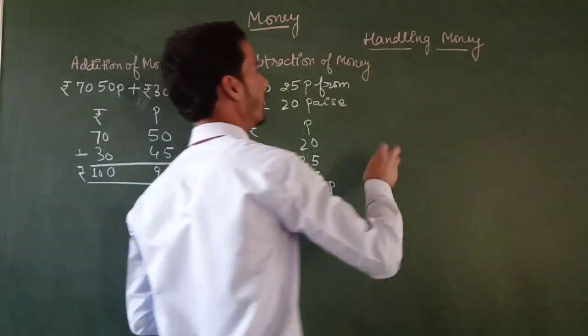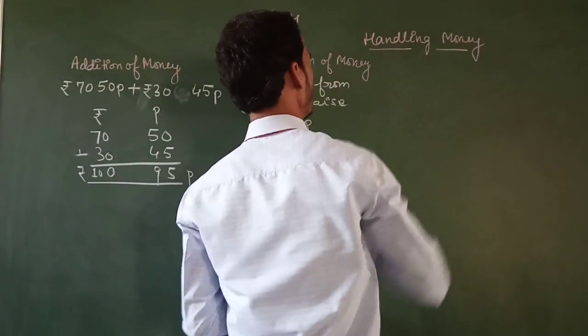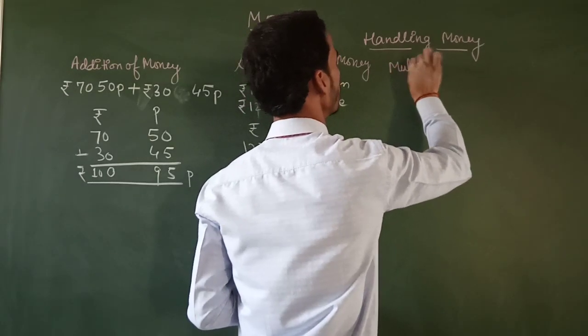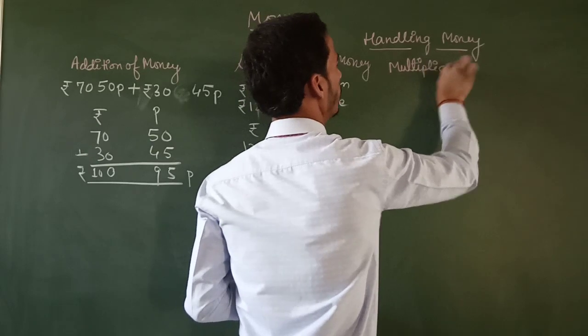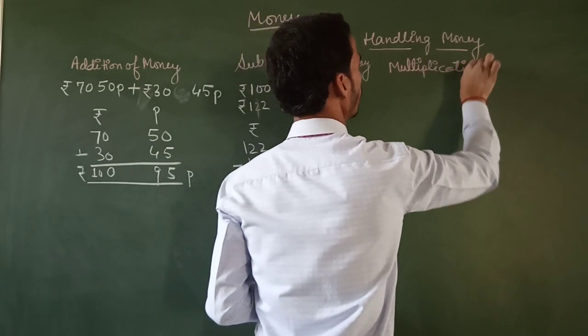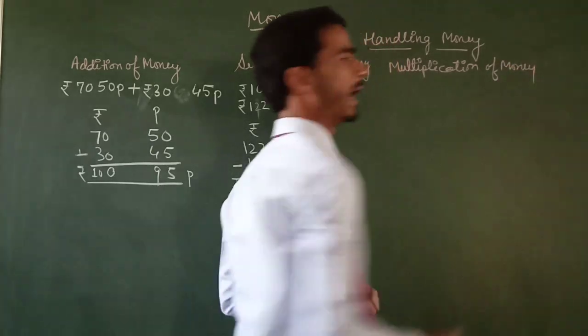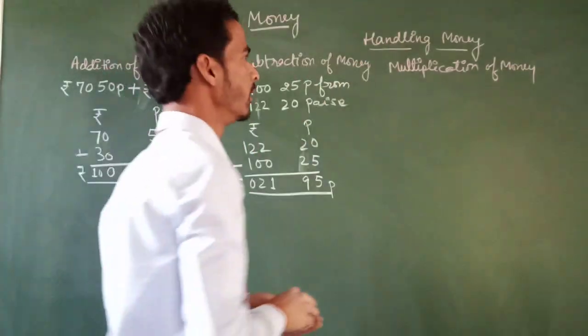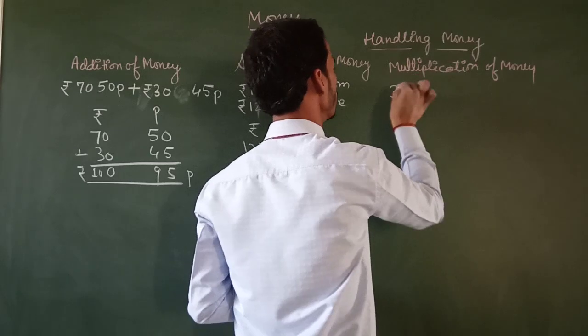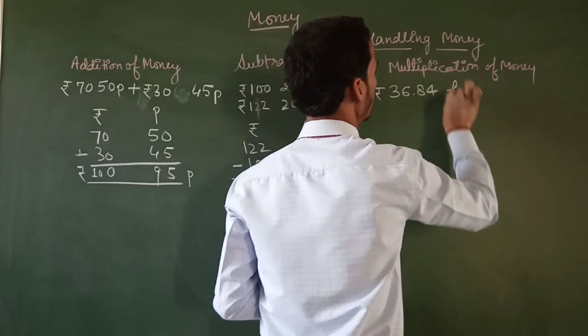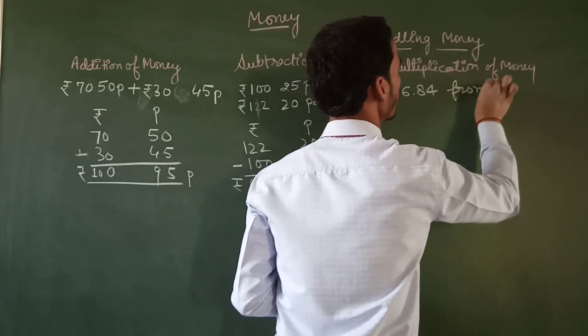Now we have to learn multiplication of money. In multiplication of money, we have to multiply 36 rupees 84 paise by 8.